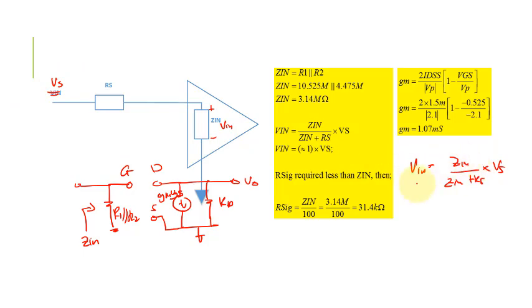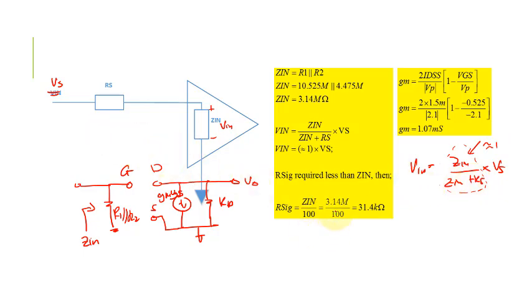So what we need to do is set this ratio to around 1. In order to get this ratio nearest to the value of 1, we need to make sure our RS value is less than our Z in.